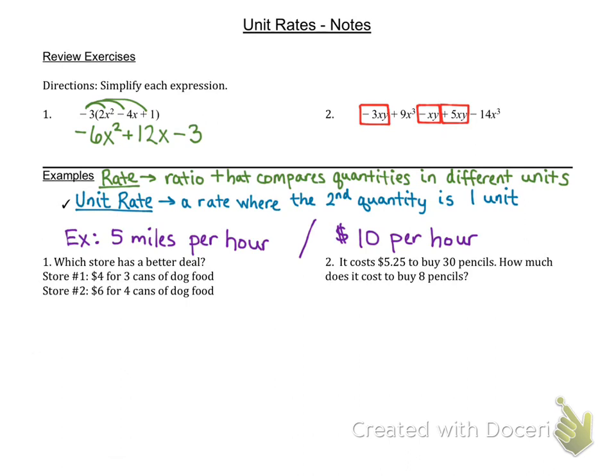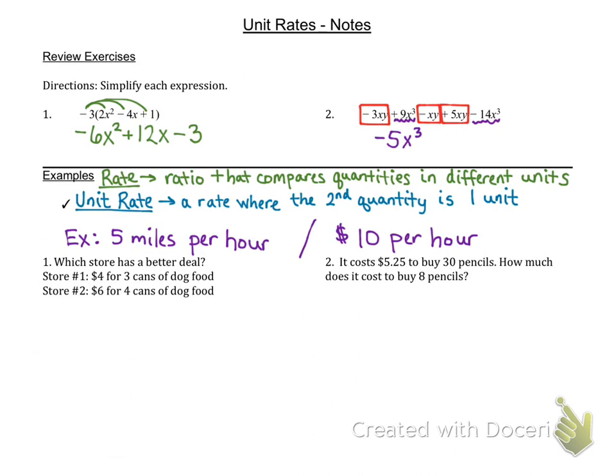And then our other like terms all have x cubed in it. So first I'm going to combine 9x cubed minus 14x cubed, and that's going to be -5x cubed.